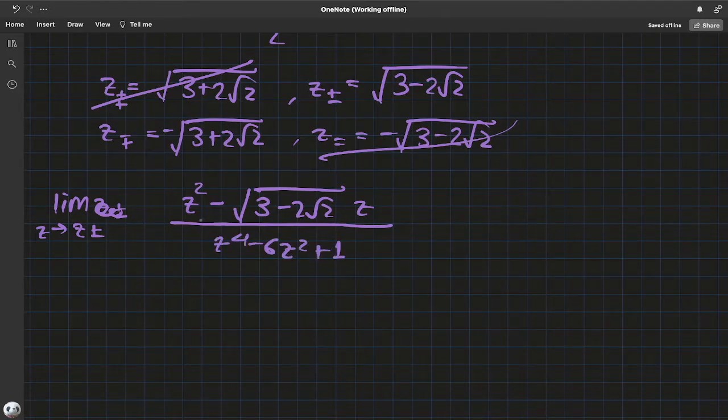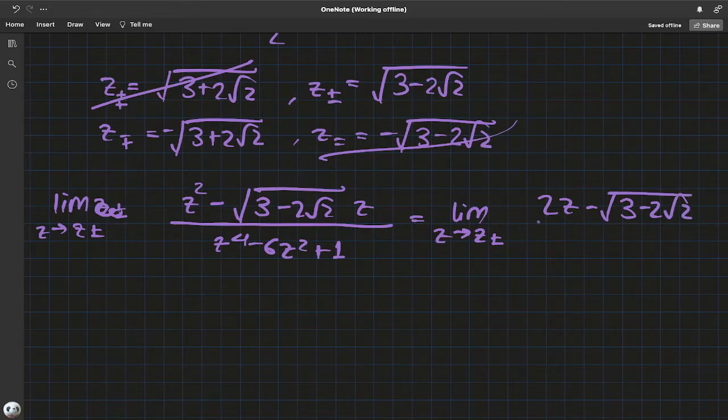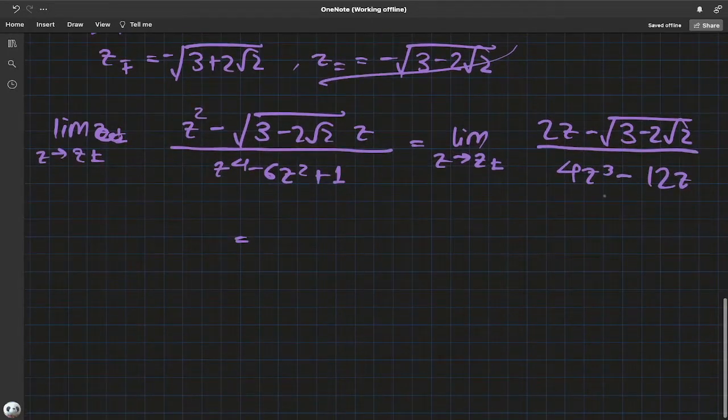So we can now use L'Hopital's rule because we have a 0 over 0 condition. So limit as z goes to z plus minus, 2z minus square root of 3 minus 2 root 2 divided by 4z cubed minus 12z. In the numerator now we can plug in.